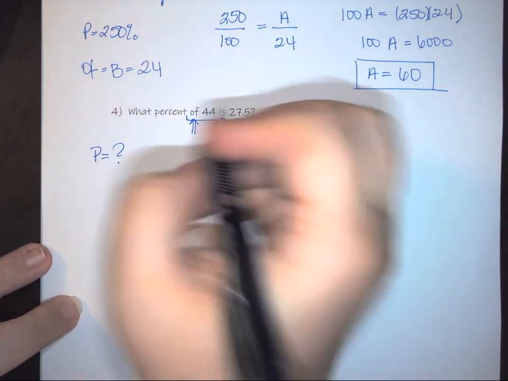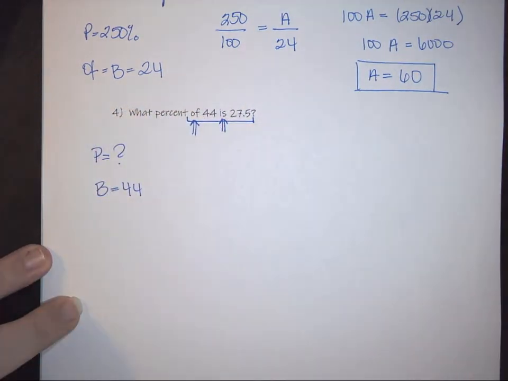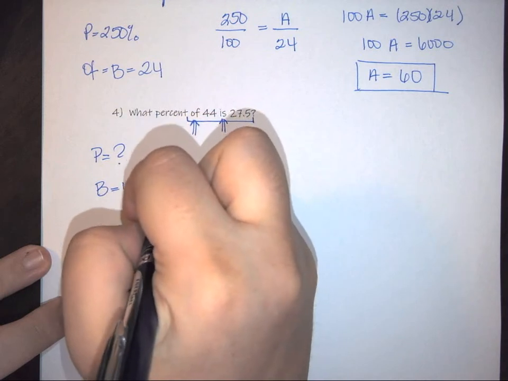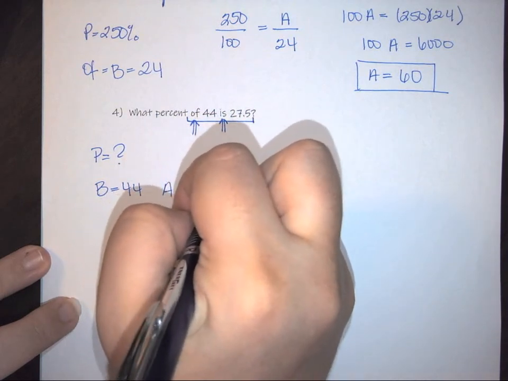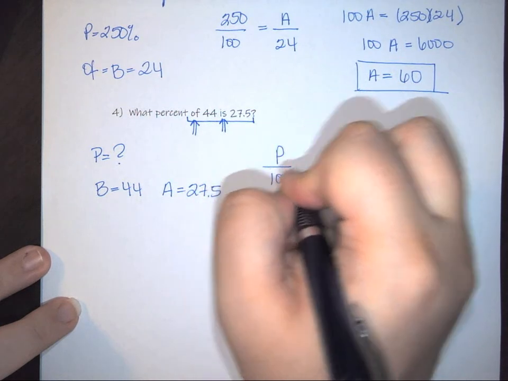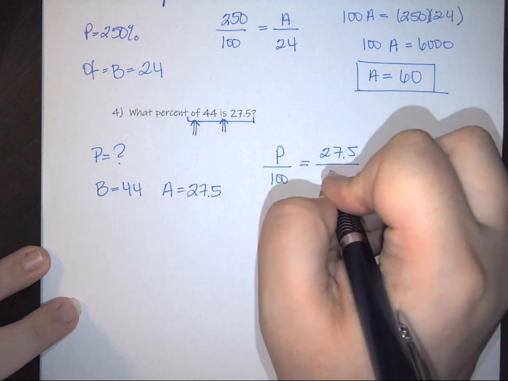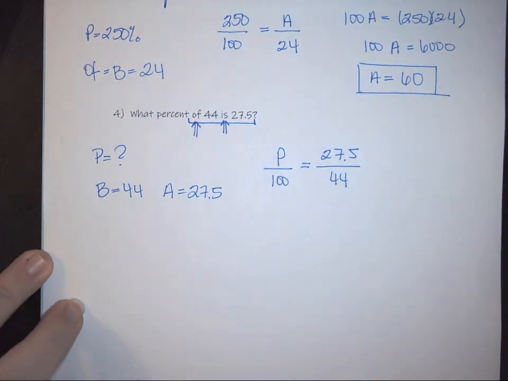We've got of 44, so that tells you that b is 44, and we have is 27.5, so a is 27.5. So we're going to have p over 100 is equal to 27.5 over 44, and solve.